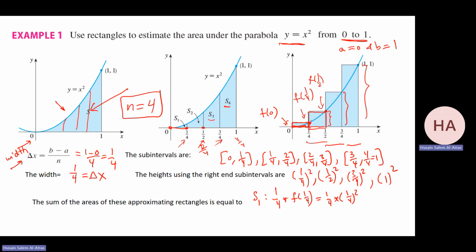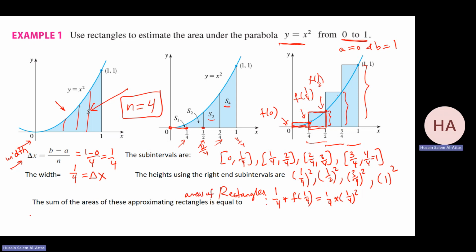Okay. For the second rectangle, usually for the right-hand side they call the areas of the rectangles R1, R2, and so on.